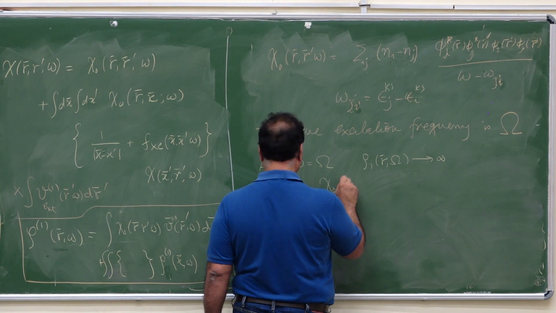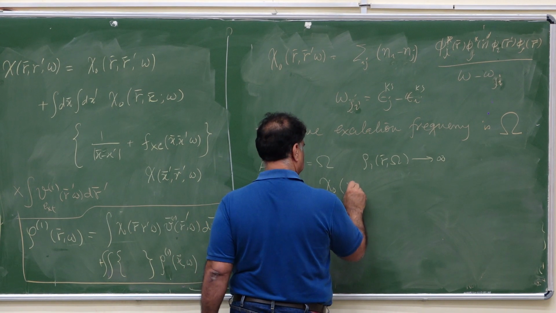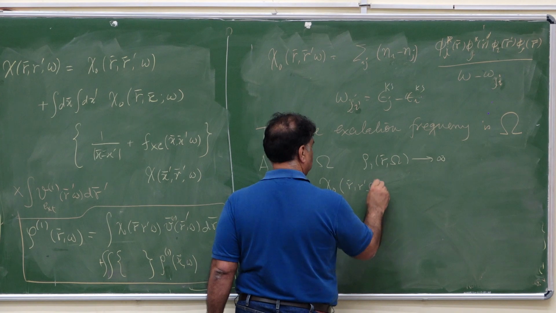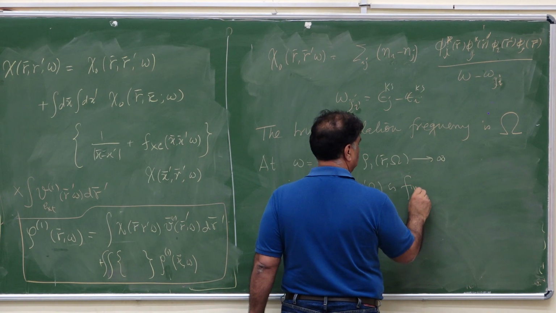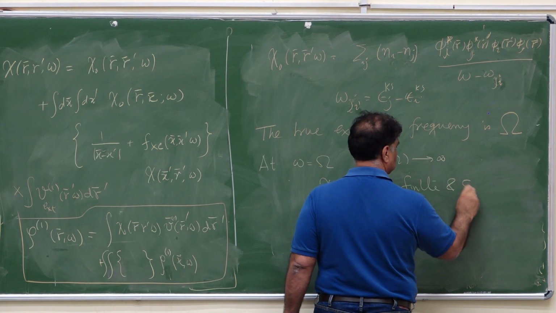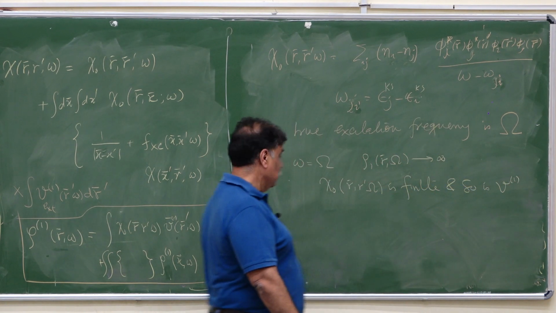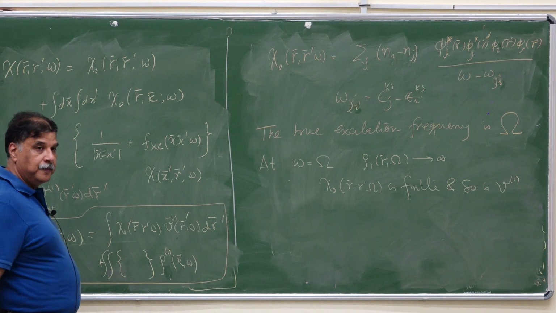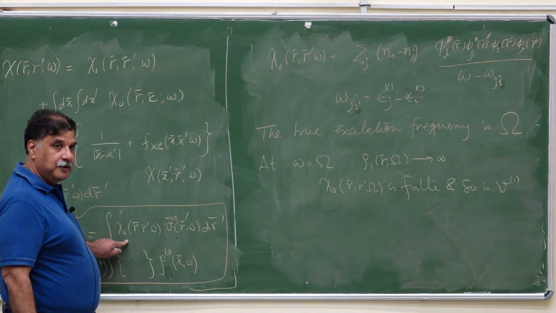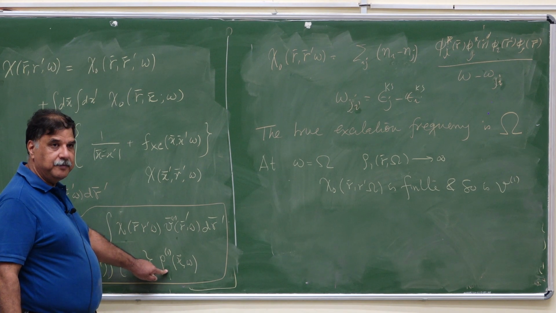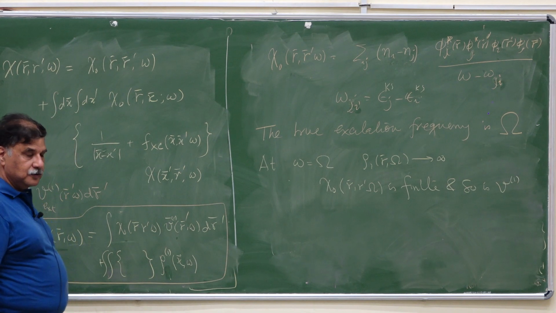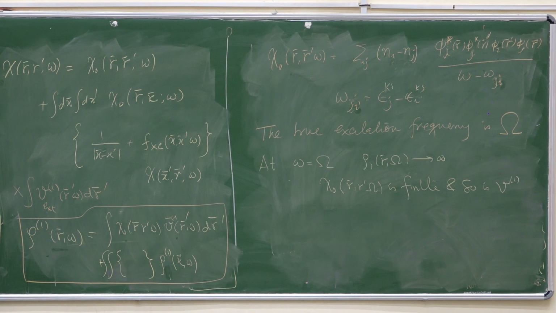Phi 0 r prime omega is finite, and V1 and V are finite. So this term is infinite, this term is finite, and this would be infinite again. I use that fact to pull out things. Let's see how we do that.